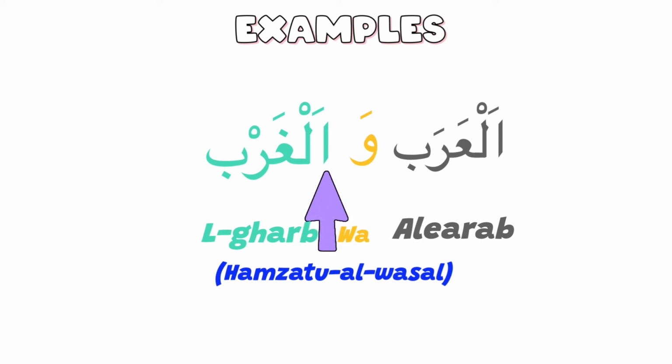Hamzat al-wasl means the connected hamza. That's the translation of it. That's why it's not going to sound like al-gharb. It will be wal-gharb.